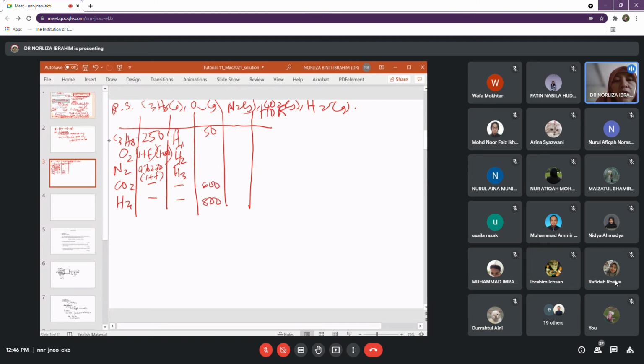So the oxygen is Y, the nitrogen is X. Okay, so if you want to replace this, X is 4702, the same value as the inlet. And then the oxygen, from our atomic balance just now, you got 1 plus F, 1250 minus 1000.